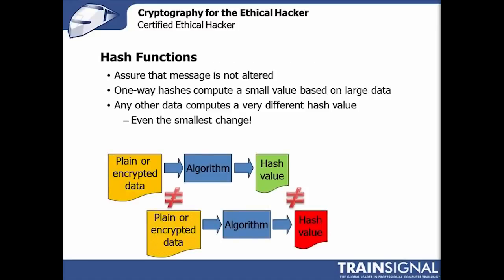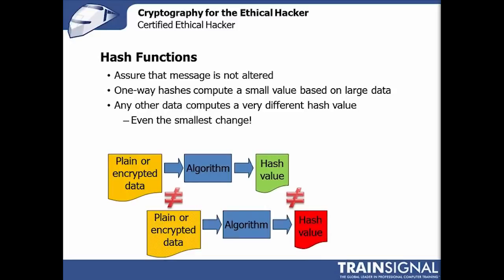And hash functions are an interesting one. They're essentially a thumbprint of a bunch of data. So take a message or a text file or any giant chunk of data you like, or a small chunk of data, but think about a giant chunk of data, and run a hash algorithm against it. What you get is a very, very small result, typically 256 bytes or 512 bytes, that's reasonably unique to the input.